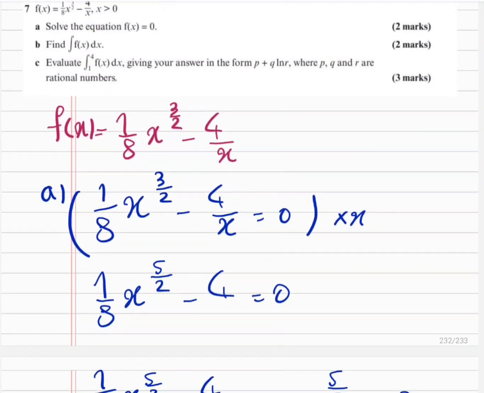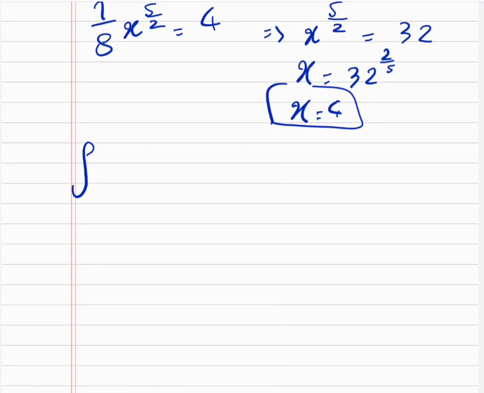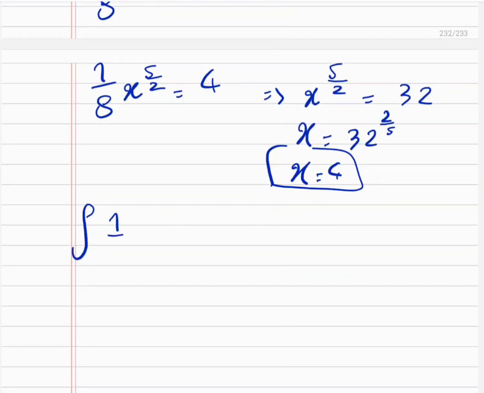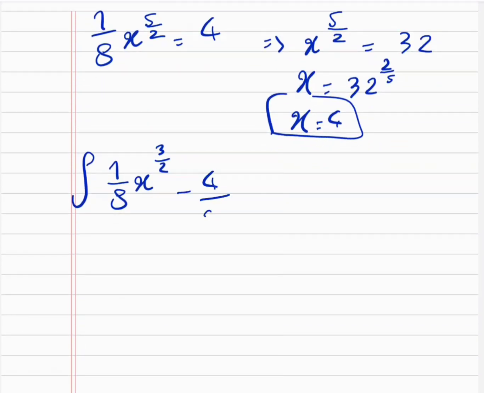Now in part B, we want to integrate f of x. So f of x is 1 over 8 x to the power of 3 over 2 minus 4 over x, dx.